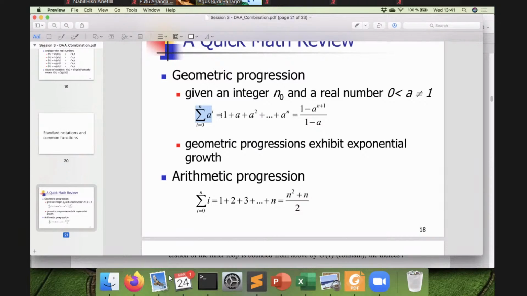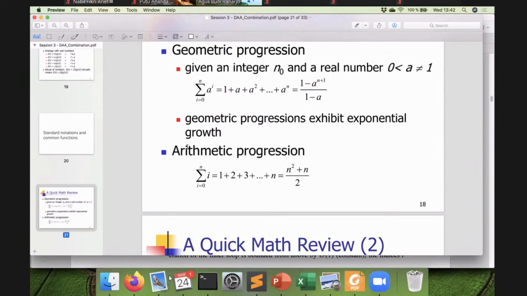This one is equal to the sum of a to the power i, where i is 0, 1, 2, etc., to n. This one is equal to 1 minus a to the power n plus 1, divided by 1 minus a. I think it's better to remember this kind of equation.